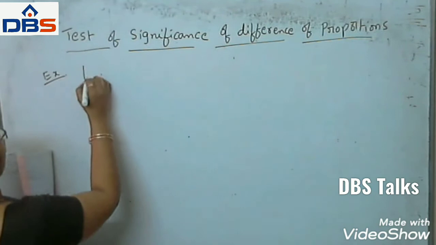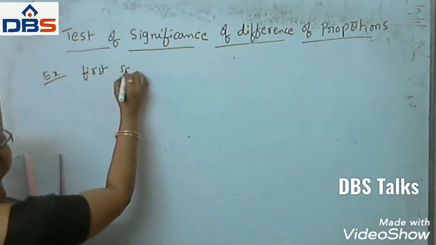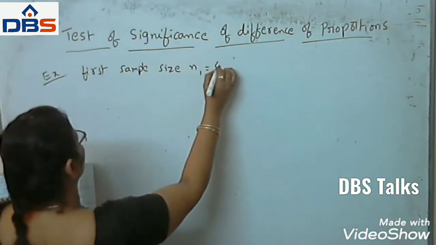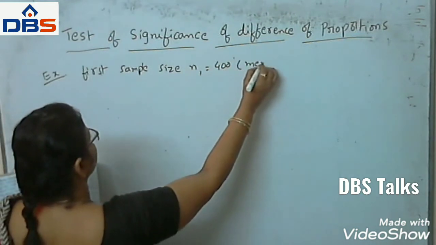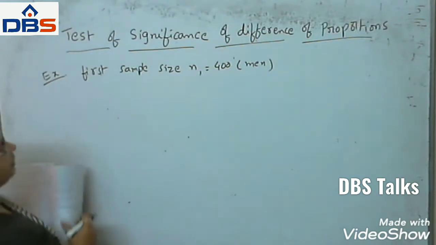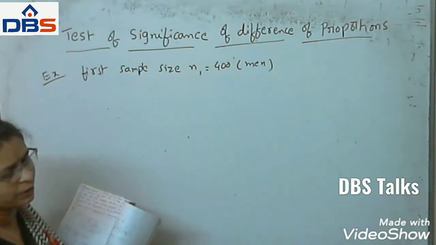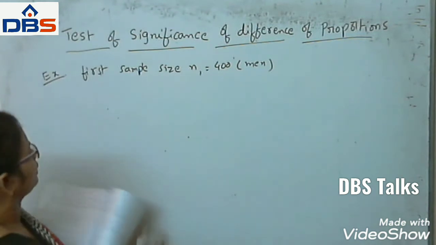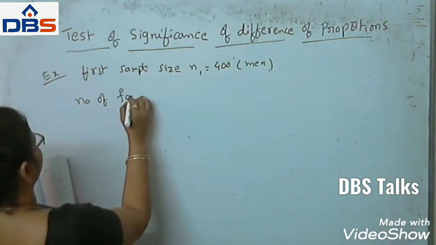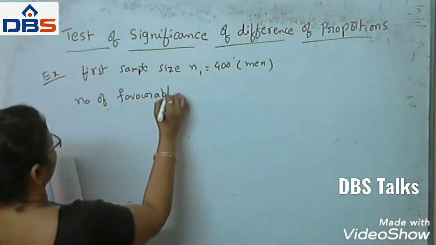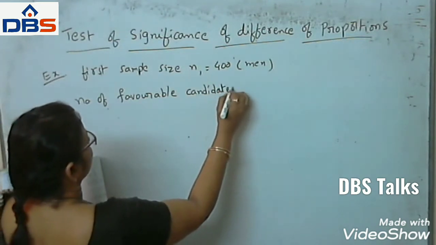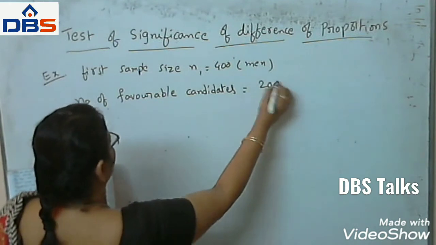For the first sample, size N1 equals 400, let us say men. In the first sample, the number of favorable candidates is 200 men.